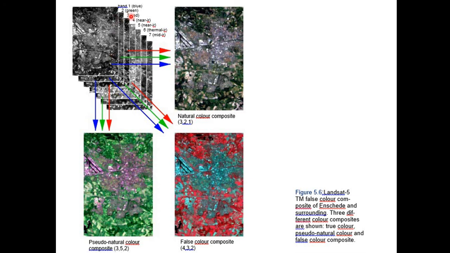I mean to say red, green, and instead of blue we use near infrared to enhance the vegetative color. You can see the green color of the vegetation is enhanced.